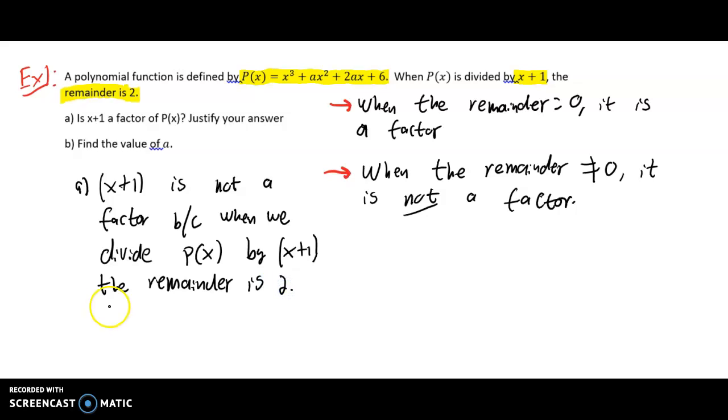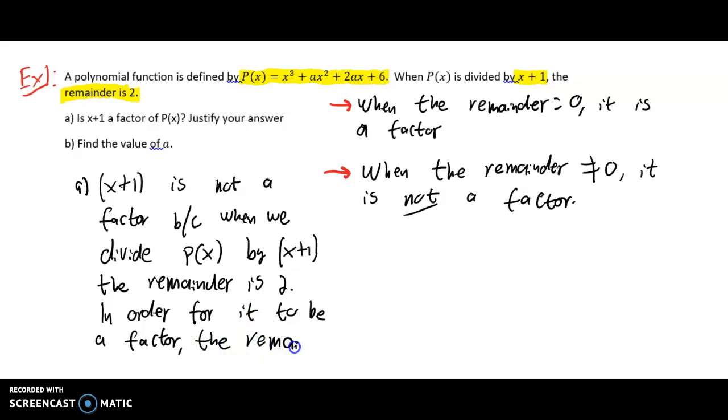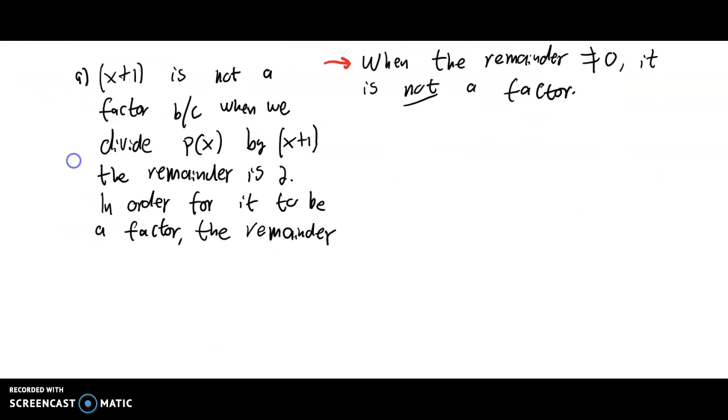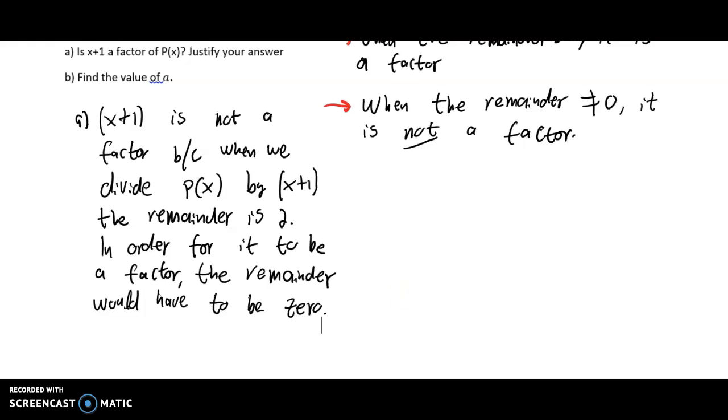We're going to say, in order for it to be a factor, the remainder would have to be 0. Because when the remainder is 0, it means it divided in perfectly. There's nothing left over. It is a factor. But our remainder here was 2.